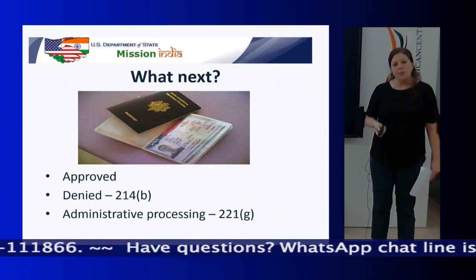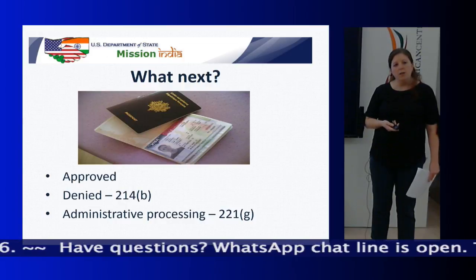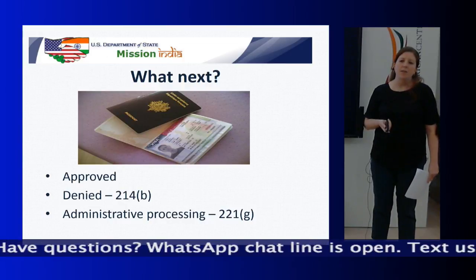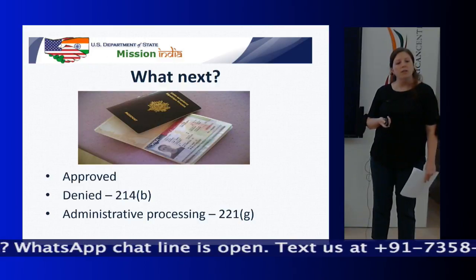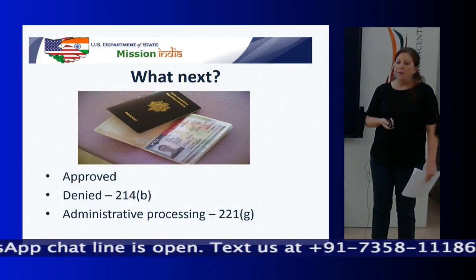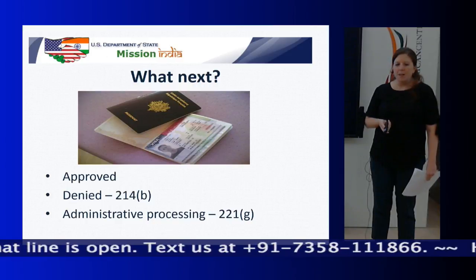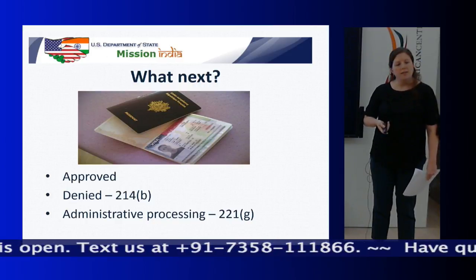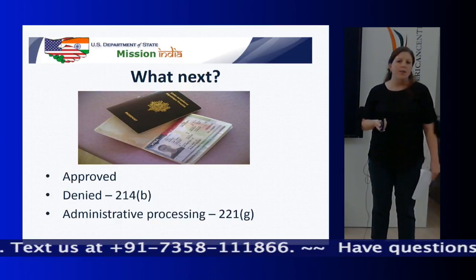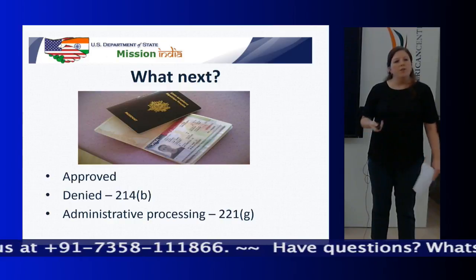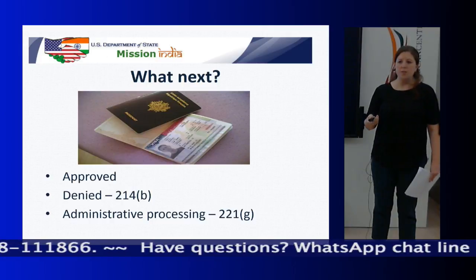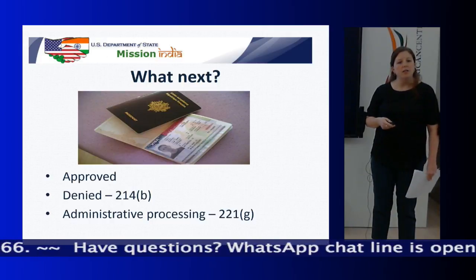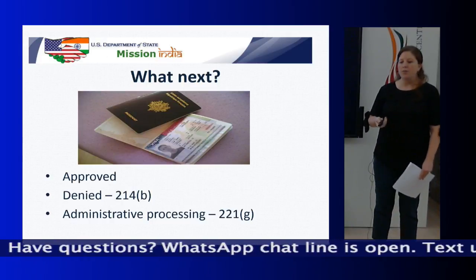Sometimes we need further documentation from you, and we will specify at the time of the interview or in follow-up emails on specifically what that might be. I can't really give too many examples of what the administrative processing is, but sometimes we might need transcripts, or if you're a working professional pursuing some research in the US, we might ask for a CV just to be able to make a better decision on that case.